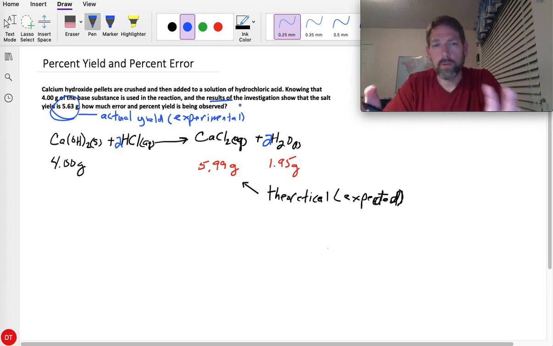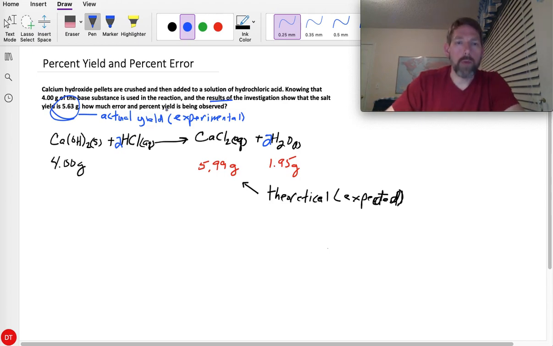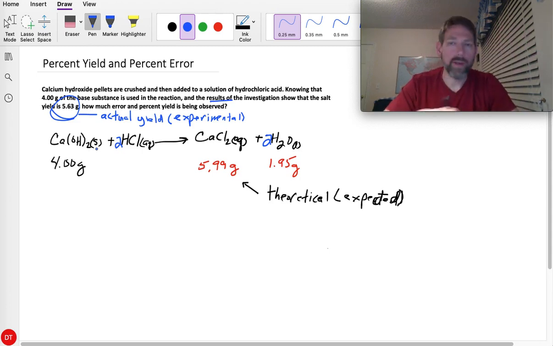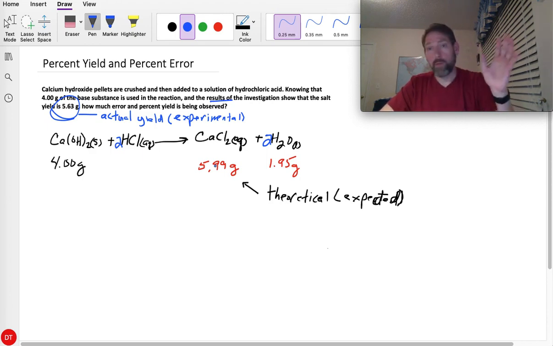It's easy to think about this. You can do all of this math, all these calculations, without ever lifting a finger, a piece of glassware, or measuring out anything, and you can theoretically calculate how much you should make. That's what this 5.99 is. Theoretically we figured out, hey, if we mix all this stuff together and nothing goes wrong, we'll make 5.99 grams of this salt in aqueous form.